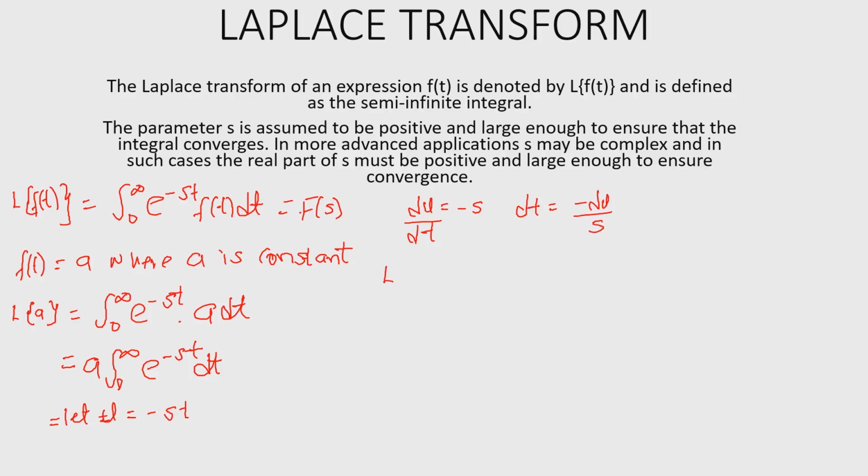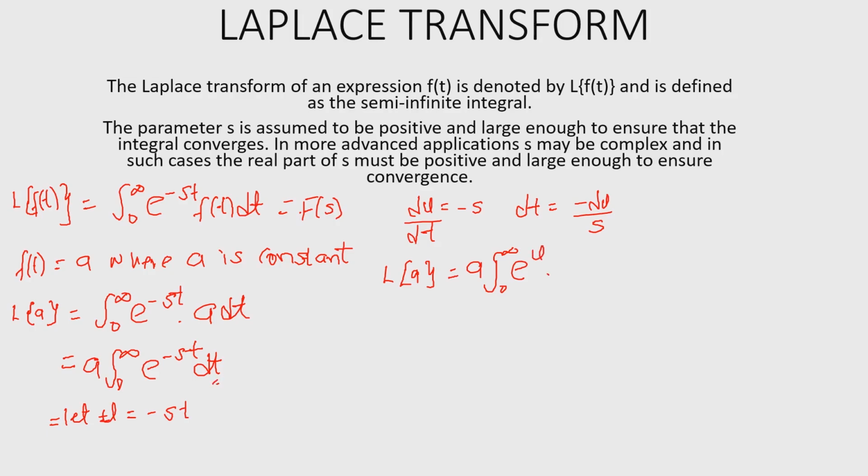So the Laplace transform of a will be equal to a, integral from 0 to infinity, of e raised to the power of, you already said u is equal to minus st, right? So it's going to be e raised to the power of u, then multiply by your dt.